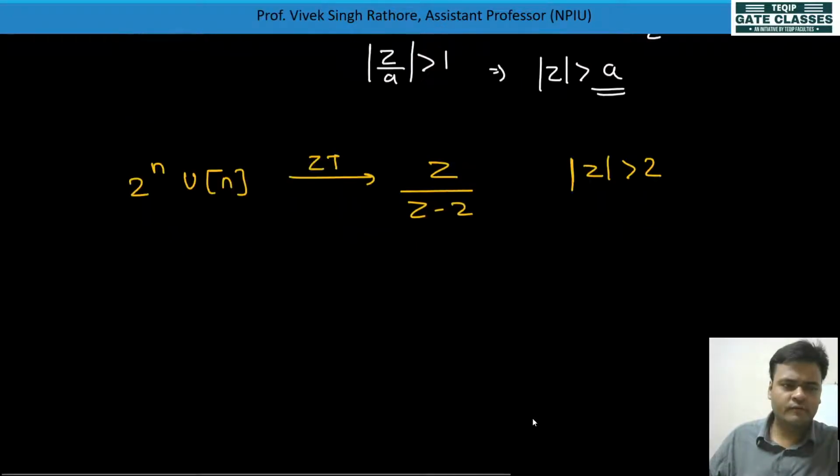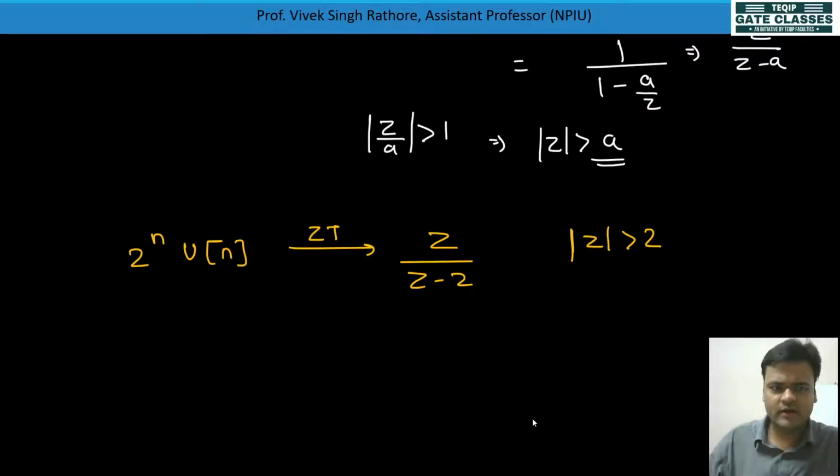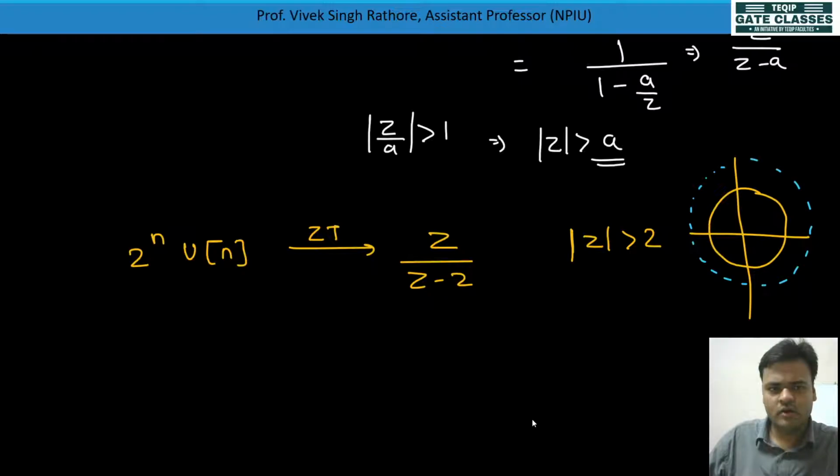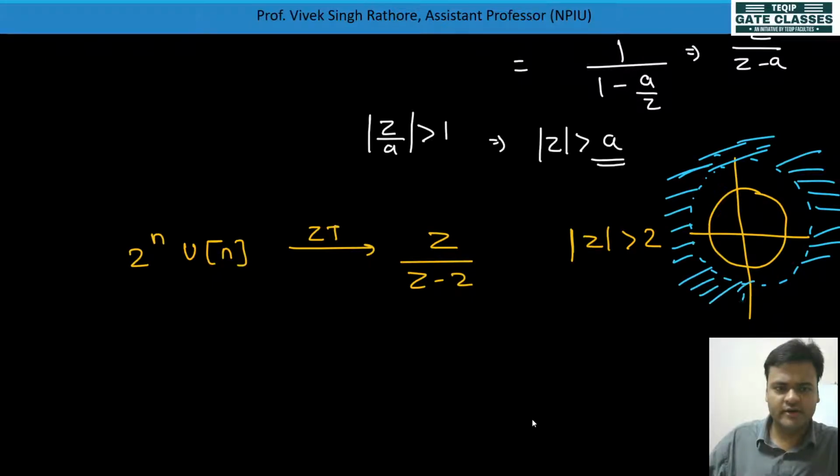Now we can plot this ROC. Let's suppose this is the unit circle. The ROC is mod z greater than 2, so take a circle of radius 2, and the ROC is the region outside it.